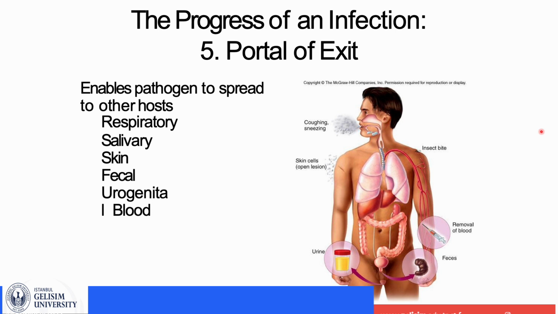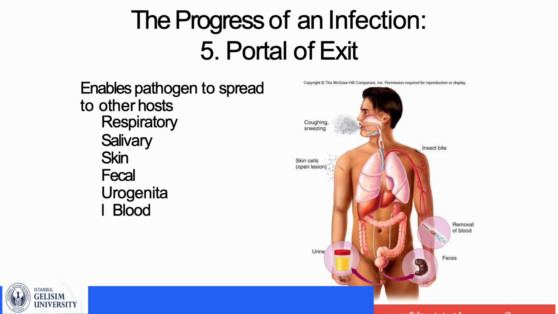So the portal of exit is the means by which a pathogen exits its host to infect other cells. Different portals of exit exist. They include, if you look here, respiratory secretions, saliva, the skin, feces, urine, other body fluids, urogenital secretions, and also blood.